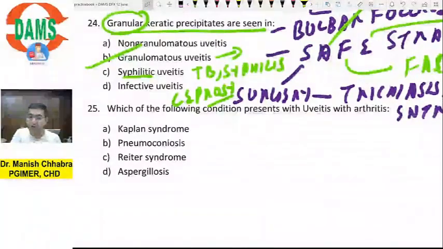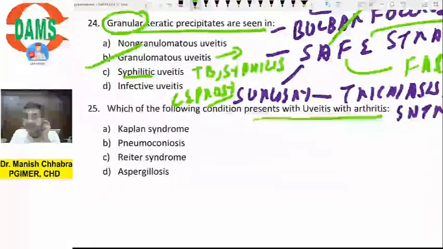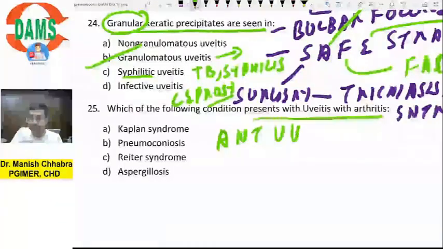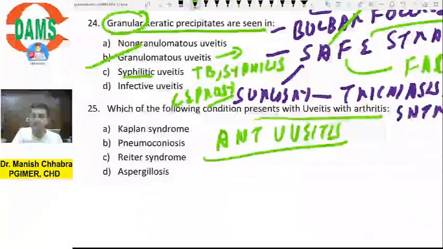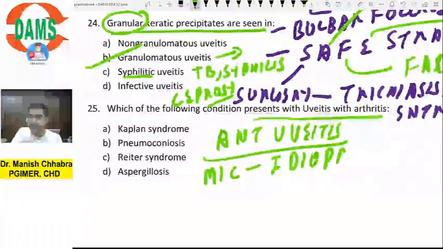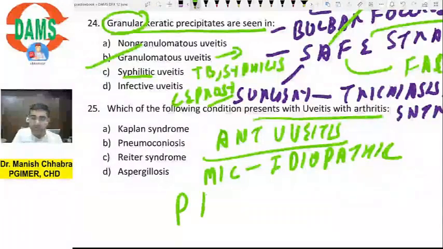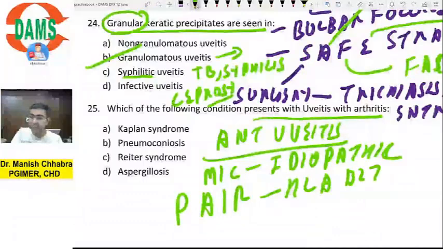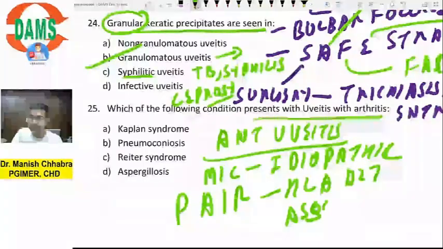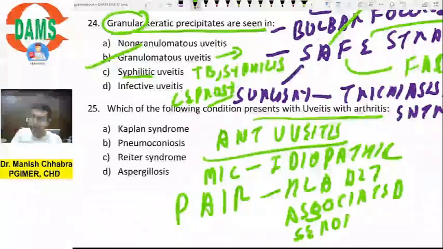Which of the following conditions presents with uveitis with arthritis? Now if you talk about anterior uveitis, so the most common cause is idiopathic. Most common cause of anterior uveitis is idiopathic, number one. It can also be associated with HLA-B27 associated seronegative arthropathy.